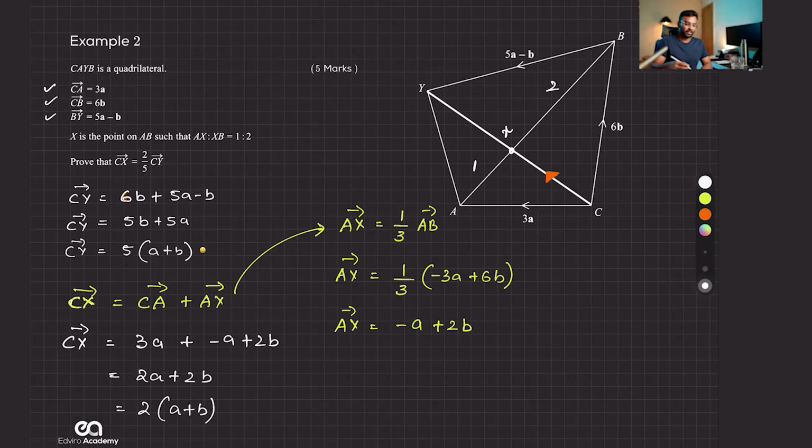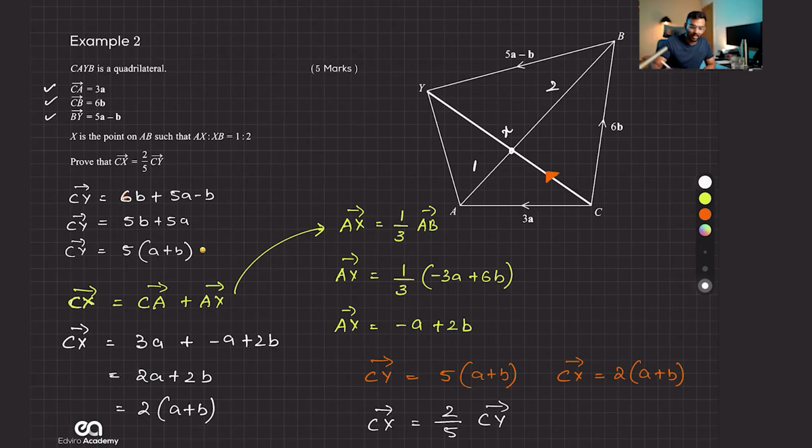Now, look at this, guys. I'm picking this up. CY, let me write that in orange, CY written as 5 times A plus B. And we also have CX written as 2 times A plus B. And therefore, don't you think it's a multiple of 5 by 2? So you could write CX is equal to 2 by 5 CY.